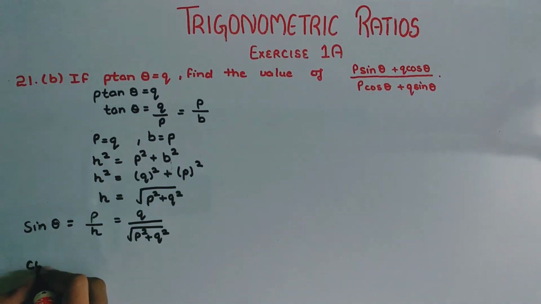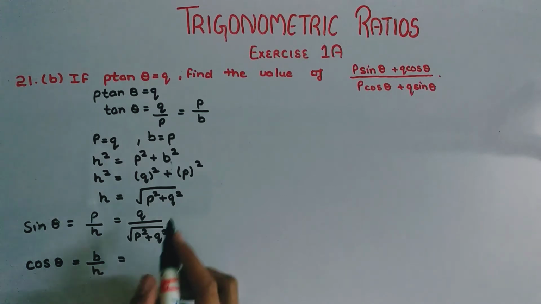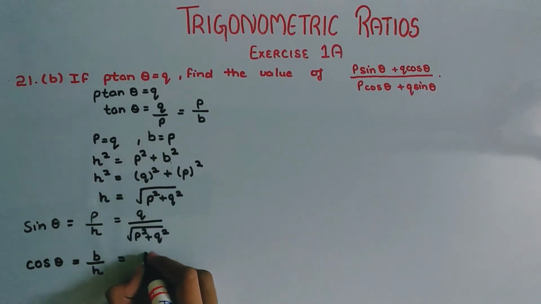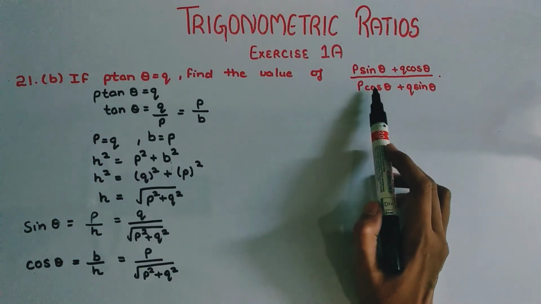Similarly for cos of angle theta we have base divided by hypotenuse. The value of base is P, that will be P divided by hypotenuse, that is under root P square plus Q square. Now we will put the values of sin theta and cos theta in this equation.